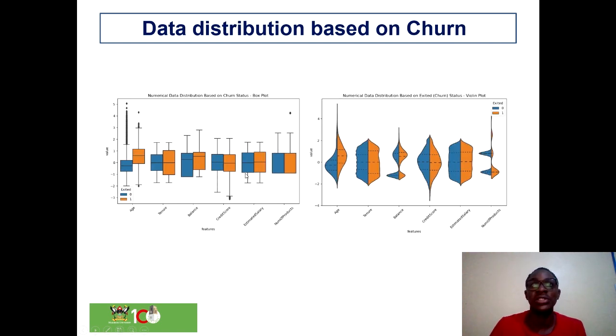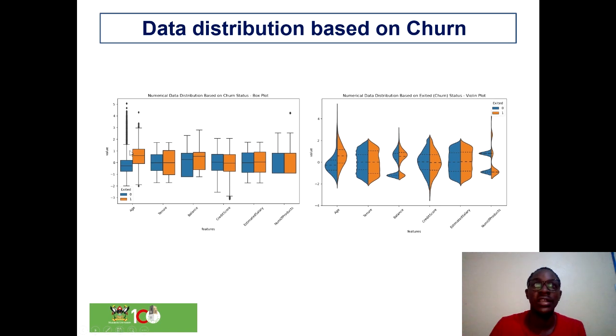And then lastly, the most important data distribution analysis was on the exited column, i.e. the column that we associate with whether or not a customer churns. So this sort of gives us an idea of how data is distributed in relationship to the categorical variable that at the end of the day we shall be using to perform the classification.